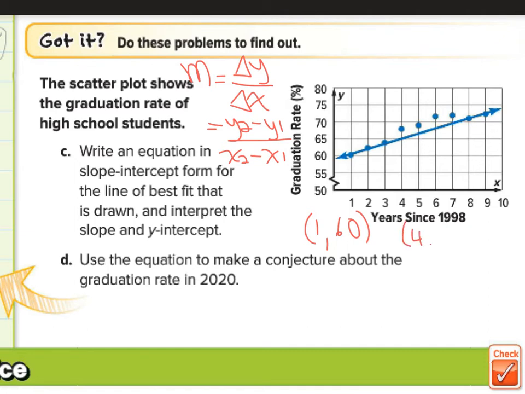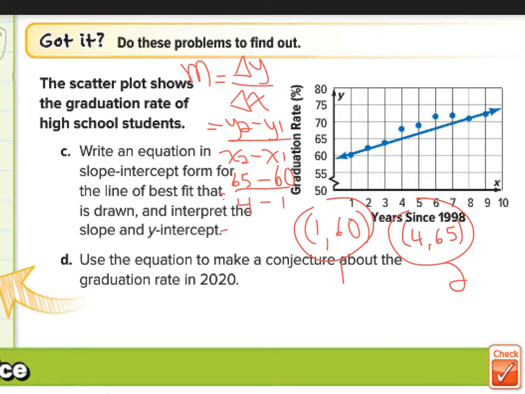Okay, 4 and 65. And now I just replace my variables. So these will be my 1s and these will be my 2s. So my y2 is 65 minus my y1, which is 60, and my x2 is 4 minus 1.